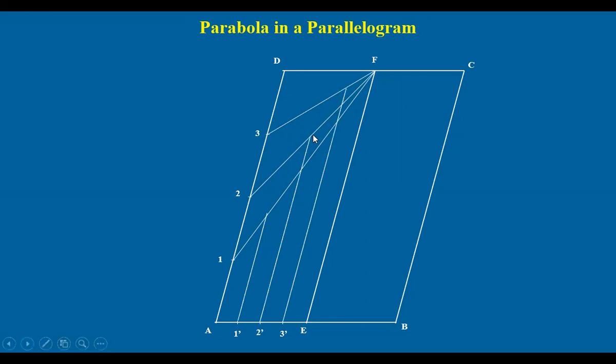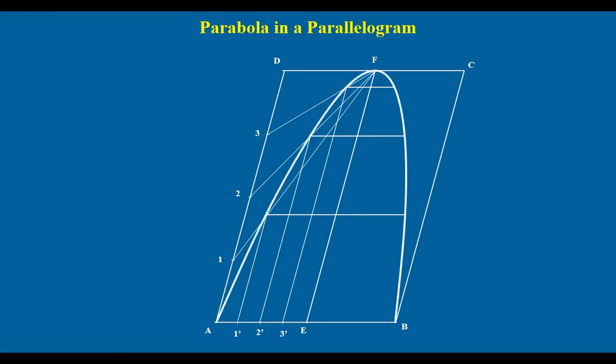You get 3 intersection points on the left side. Draw horizontal lines from these points and mark the reflections, that is, these distances are marked on the right side. So you get another set of points on the right side. Join all these points by a smooth freehand curve and you get a parabola in a parallelogram.